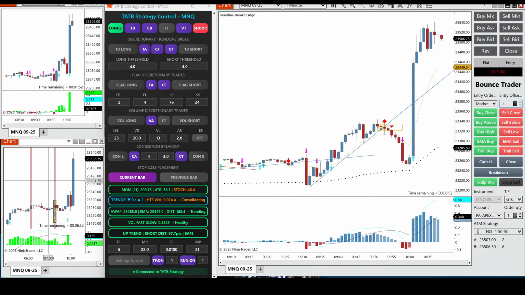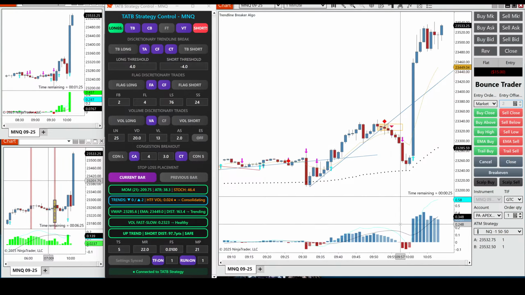Okay, so just a quick overview. The system consists of 4 indicators. It's this VWAP, trend lines, this magenta and cyan arrows.